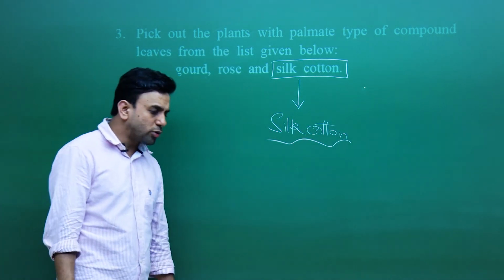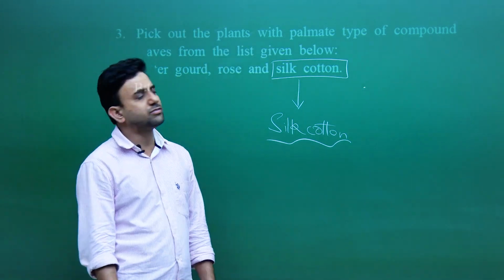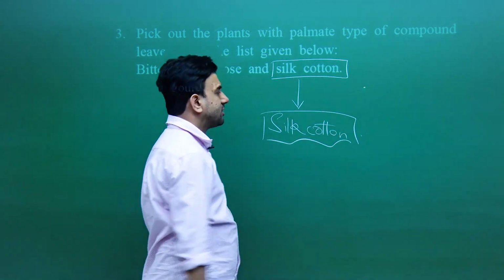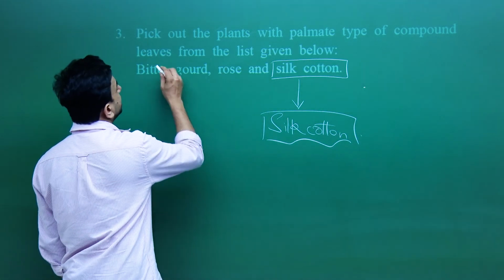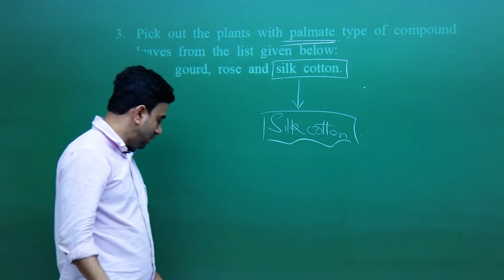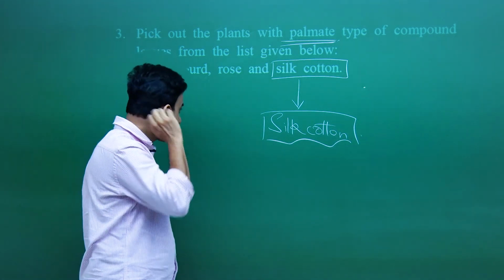We have already talked about pinnate, palmate and all that, simple and compound leaves, so we will not go into the discussion. If you want to know, you can get back into the chapter. Silk cotton is the one which has the palmate type of the compound leaves, right.